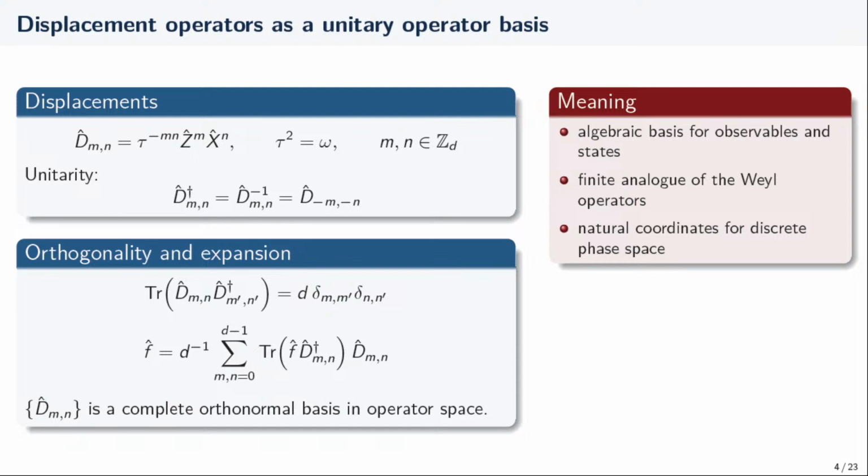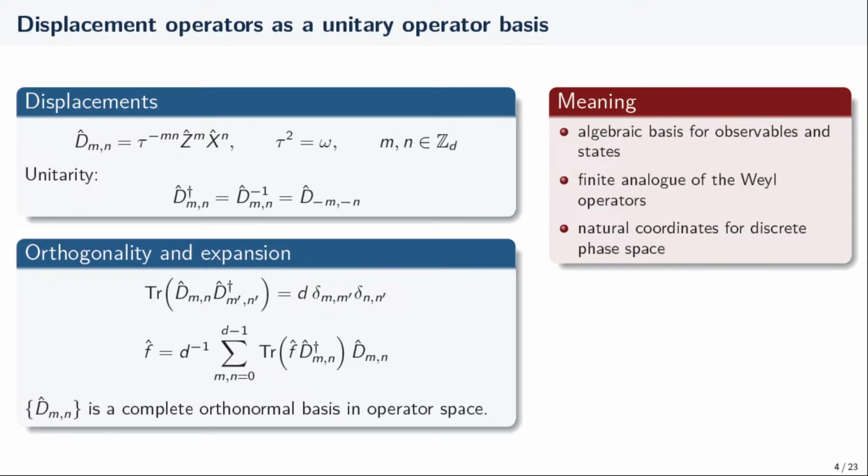This phase is still the square root of omega. So a very strange construction, but this operator is constructed in such a strange way so that it is a unitary operator.